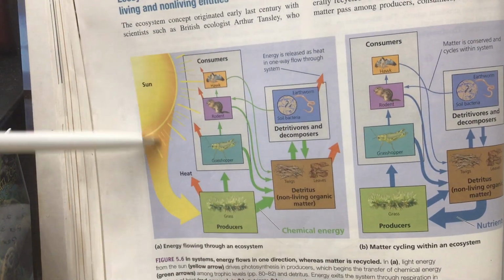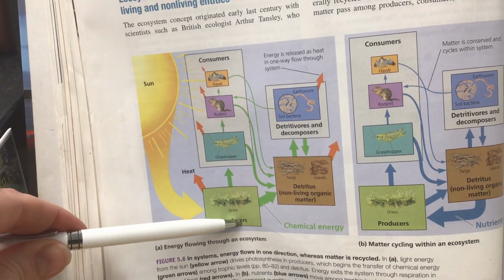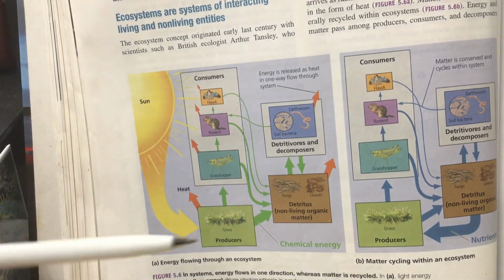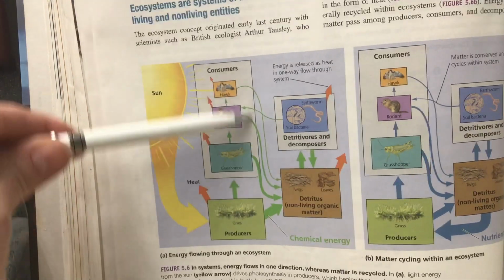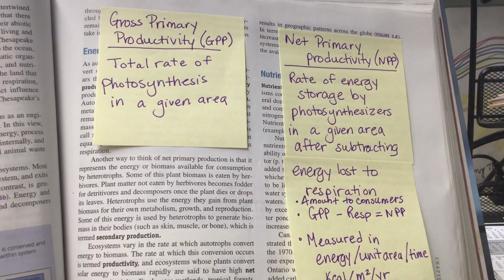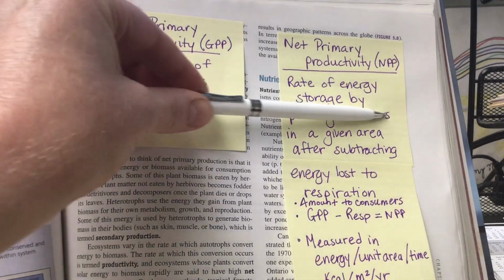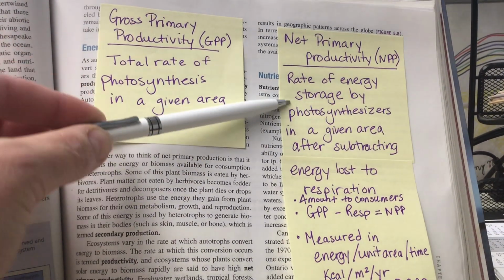That's all of this energy made by your producers. That's GPP. What's available to the consumers is our NPP. So our net primary productivity. It's the rate of energy storage by photosynthesizers.